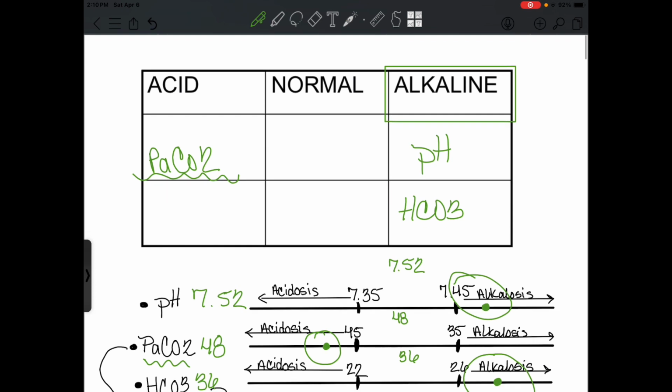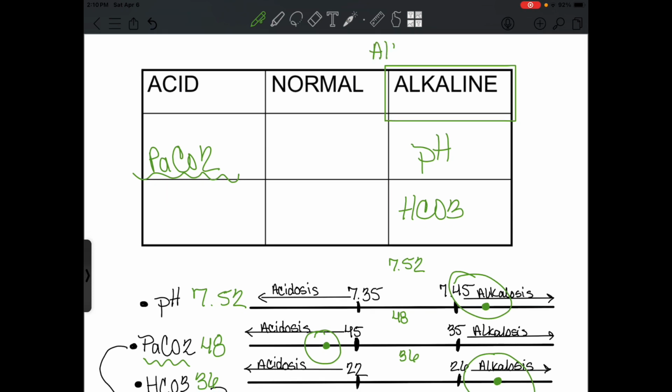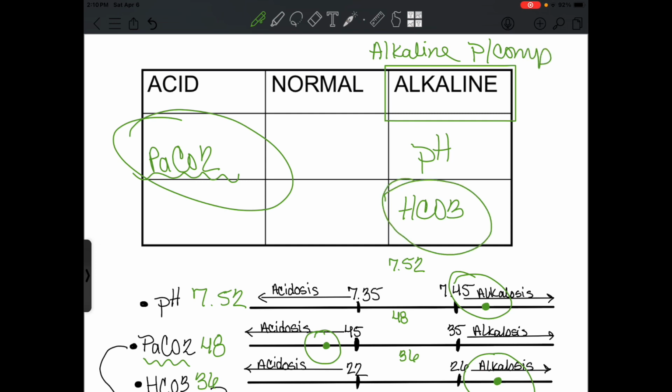So that means I have alkaline, and then I have partial compensation, and the HCO3 is telling me that I have metabolic.